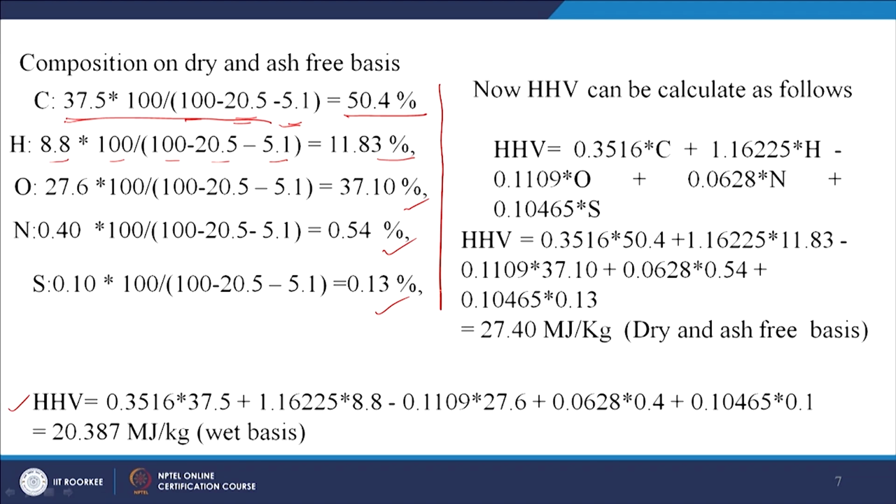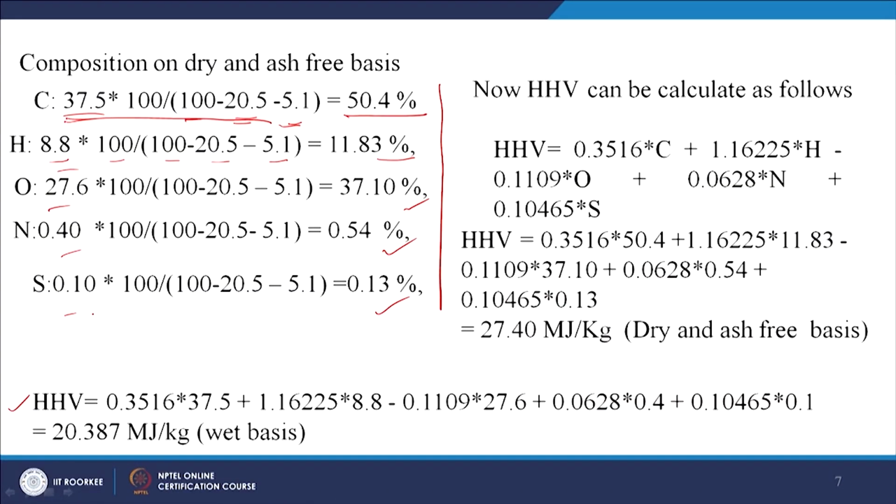Then what will be the HHV? If we want to calculate the HHV on dry and ash-free basis, this composition we will use, but if we want to calculate it on weight basis, we will use the composition which is originally available in this case. So, what will be the HHV in case of dry and ash-free basis?